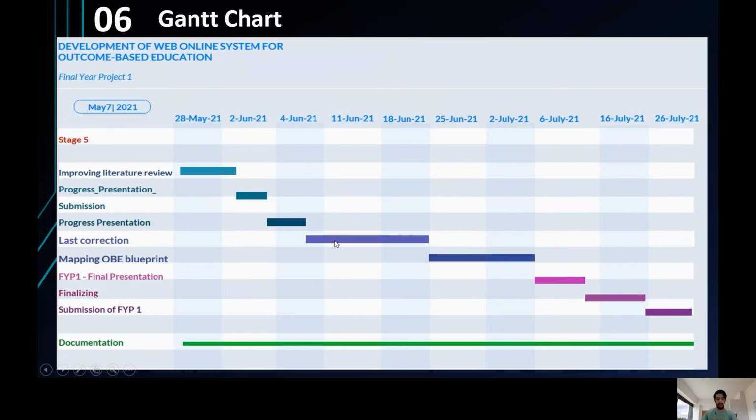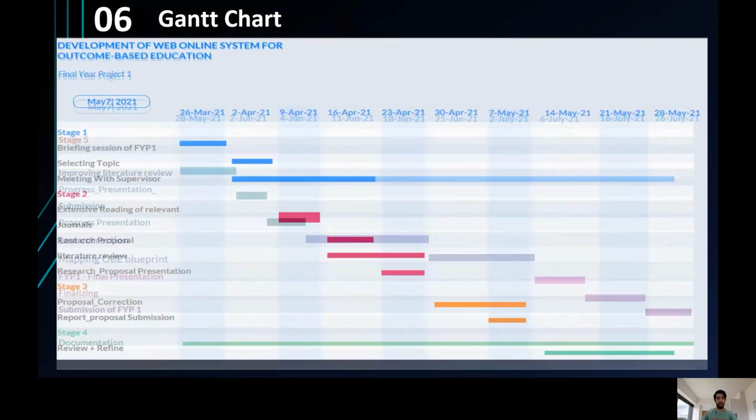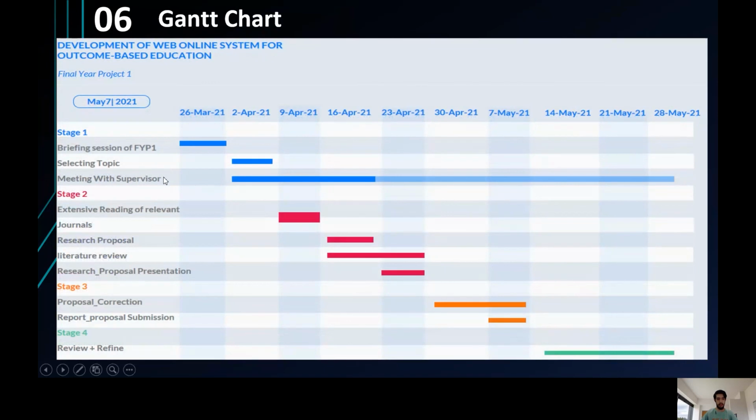So as a conclusion, I have done the FYP report. I have already corrected the proposal according to the lecturer's instructions. Also, thank you to Dr. Ahmad Anwar for giving us the opportunity to join the review paper under his supervision.